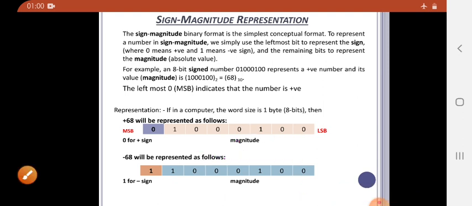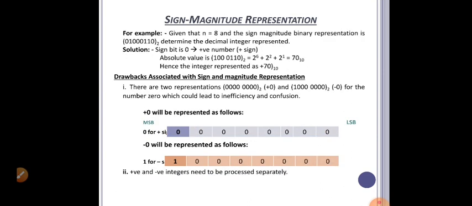Let us go with the next representation. Let us understand sign magnitude representation with one more example.